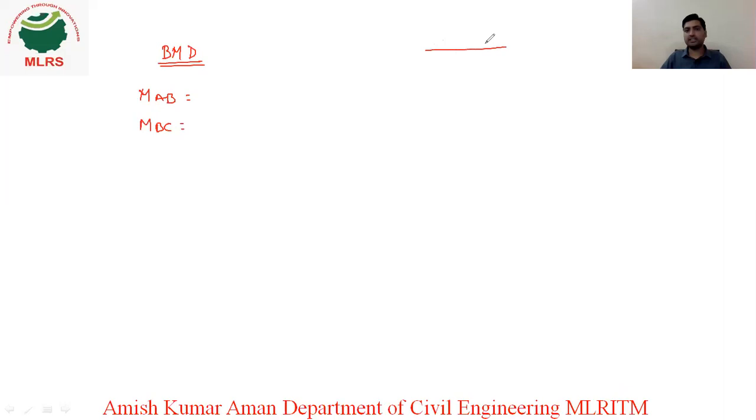The loading condition is like this: A, B, and total span is L for both the members. What is the formula for calculating moments? It is WAB upon L. Here also it will be WAB upon L.